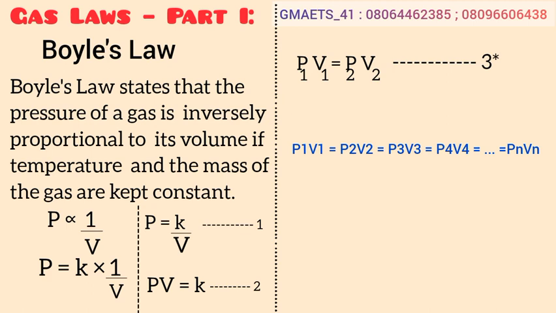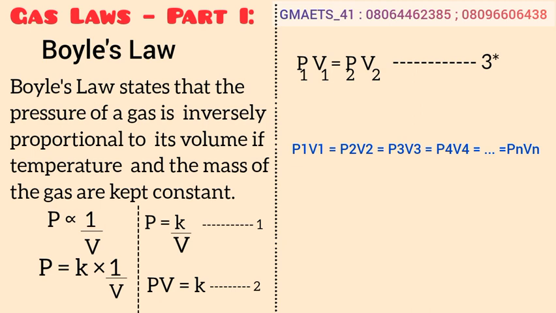We shall use this equation to solve mathematical problems related to gas law in the case of Boyle's Law. Also take note of equation 2 and equation 1. Equations 1, 2, 3 are mathematical equations that express what? The gas law for Boyle's Law.